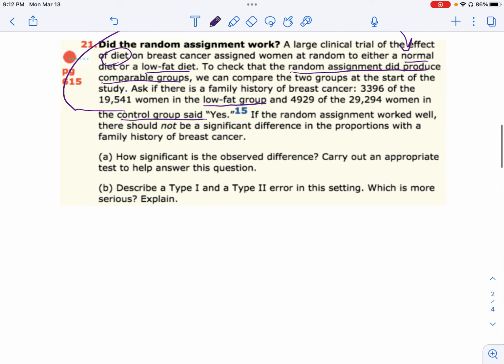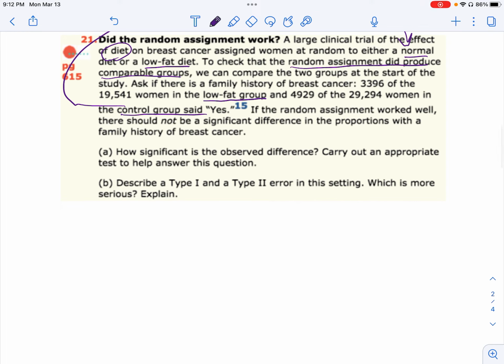What subscripts do I want to know? Maybe PN is the proportion of women with, let's just say, family history, I'll write the whole thing, of breast cancer on the normal diet.